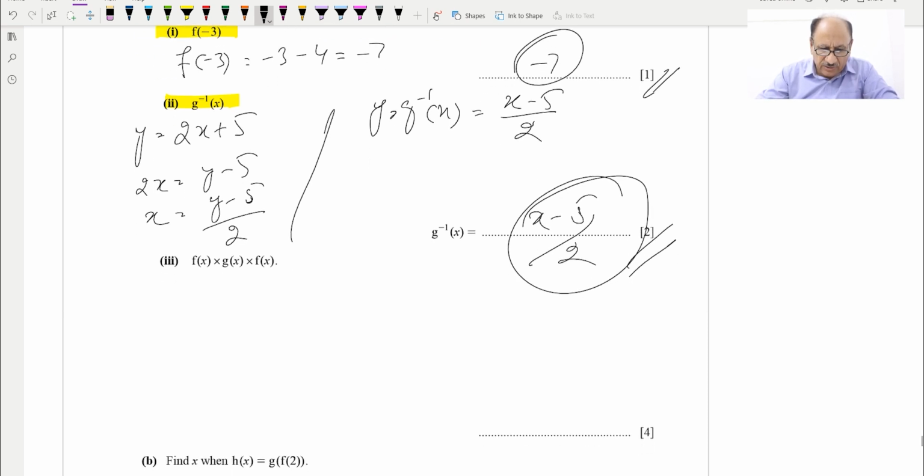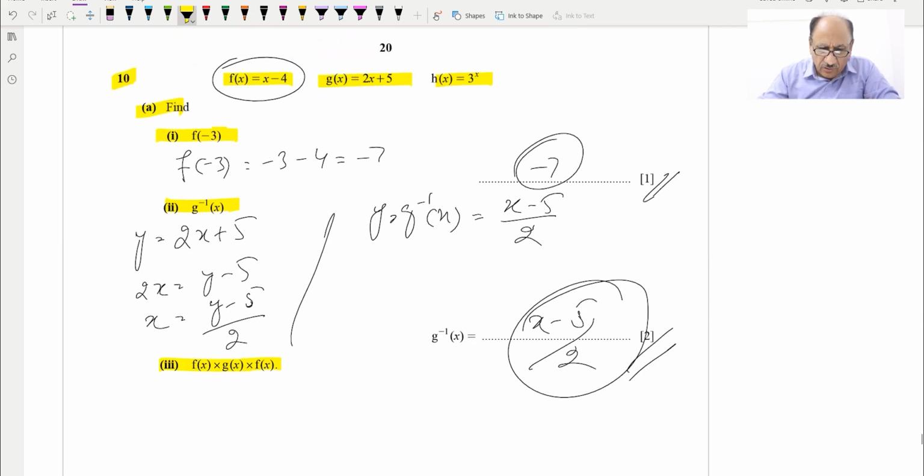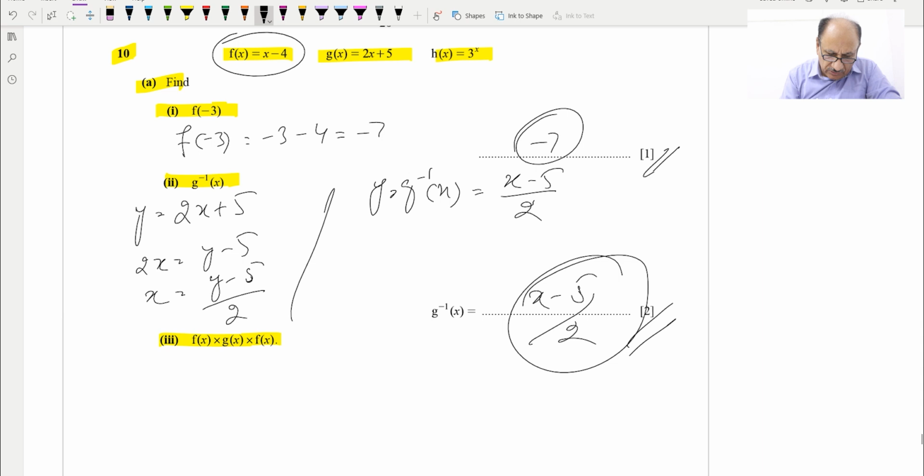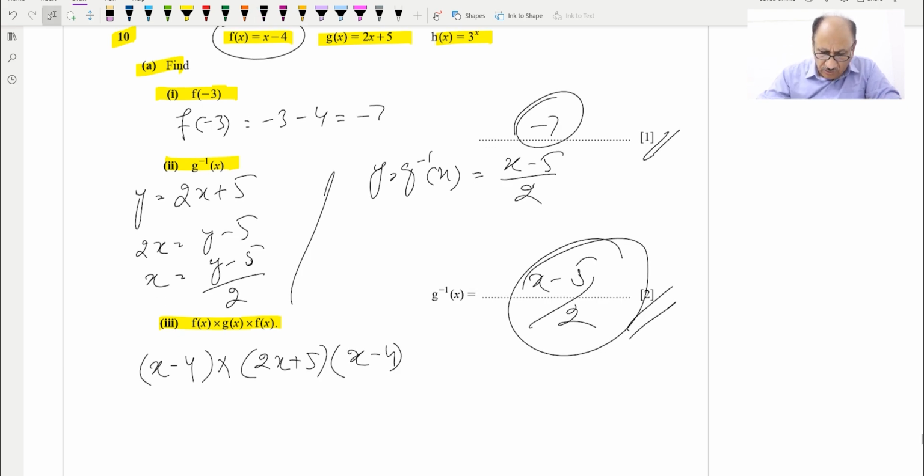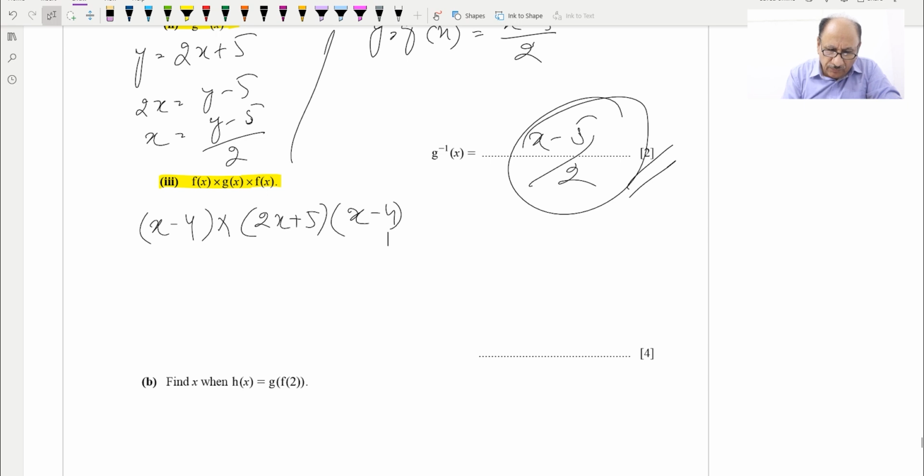Now the next part, they are saying we need to multiply f of x, g of x, and again f of x. So f of x is x minus 4, g of x is 2x plus 5, and again f of x, which is x minus 4. So these 3 we need to multiply. First we will multiply these 2, and this will give us 2x square plus 5x, and minus 4 into 2x will be minus 8x, and minus 4 into 5 will be minus 20, in brackets, and x minus 4 as it is.